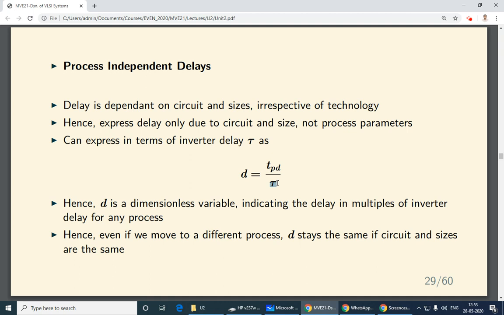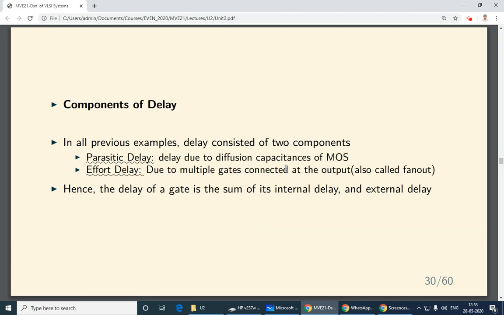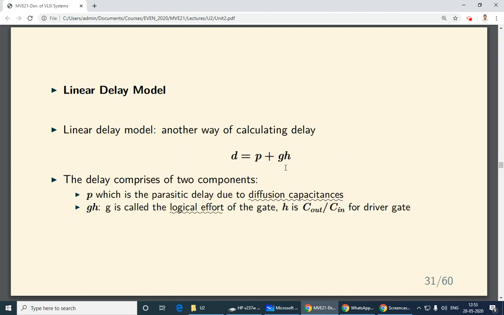This tau is nothing but the unit inverter delay. Since all our answers are in terms of inverters, we say the delay is in terms of tau, and tau is the 3RC unit inverter delay. In the equation d equal to p plus gh, suppose you get some number, say 5. The answer is actually 5 tau.